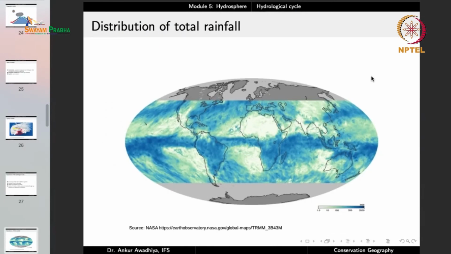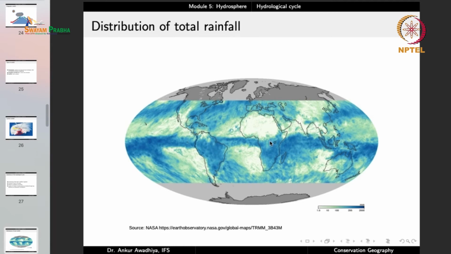If you look at the distribution of total rainfall, we'll find that areas that are near the equator, they get a very heavy amount of rainfall, mostly convectional rainfall. And otherwise, you have certain areas that get more amount of rainfall and certain areas that get less amount of rainfall. So this is the distribution of total rainfall on this planet. These areas that get a heavy amount of rainfall, we have the equatorial rainforests here.